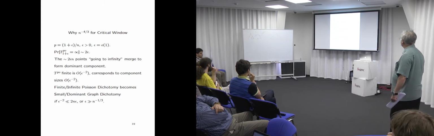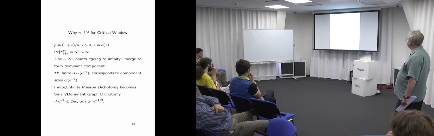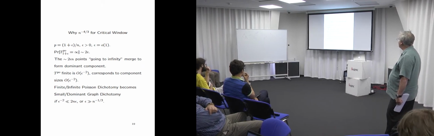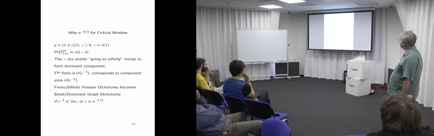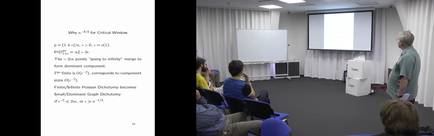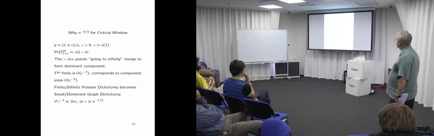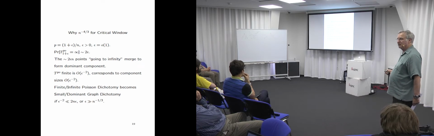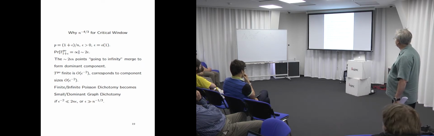So basically, the finite components would only go up to size epsilon to the minus 2. Now, in order for this to work, there has to be a dichotomy between the small components and the dominant component. So the dominant component is going to be of size 2 epsilon n, and the small components will go up to size epsilon to the minus 2. The only way that will work: with probability 2 epsilon, you're in the dominant component, so the dominant component has size 2 epsilon n.